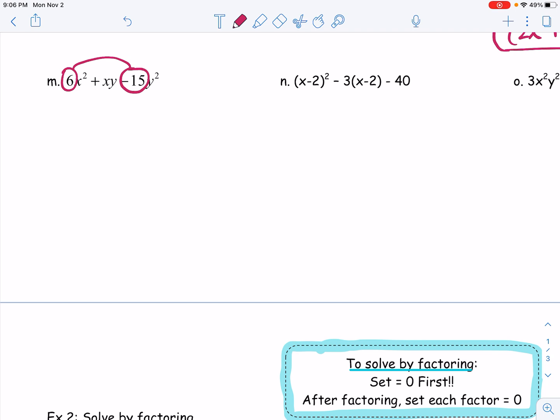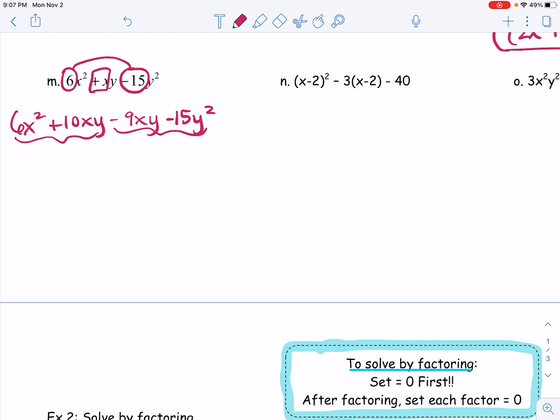What is that? Negative 90. Factors of negative 90 that add up to a positive 1. Well, that's easy. 10 and negative 9. Okay, so I'm going to rewrite 6x squared plus 10xy minus 9xy minus 15y squared.